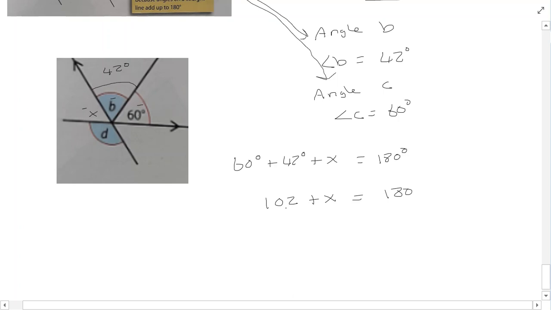Now we want to get rid of this 102 from this side. So this is plus 102, so we can minus 102. If we minus 102 from this side, we have to minus 102 from this side as well.